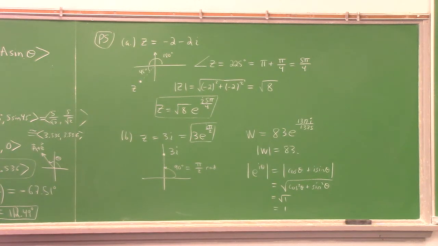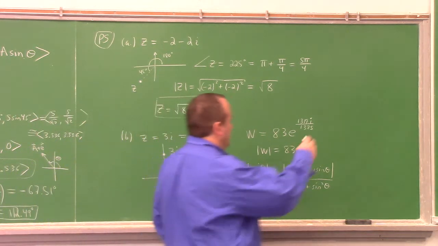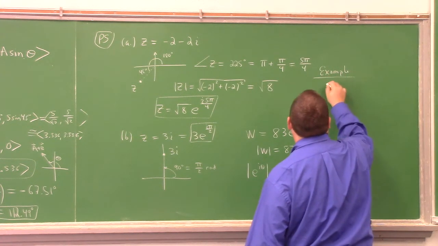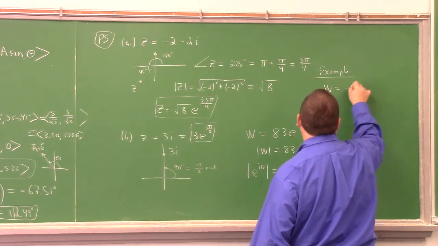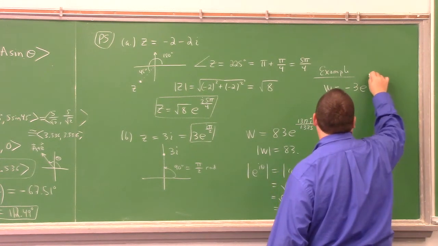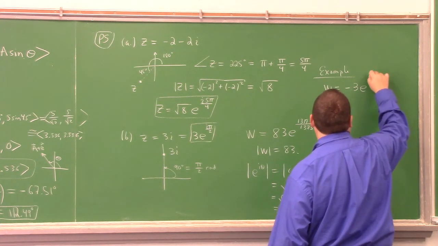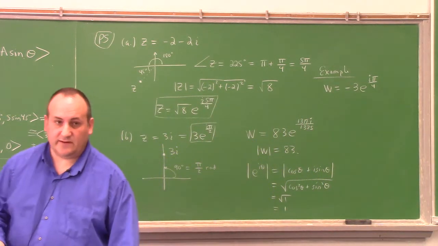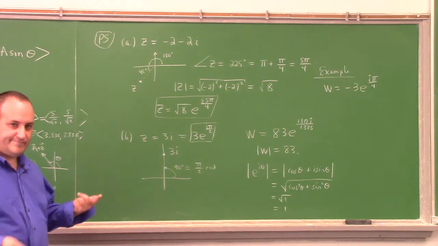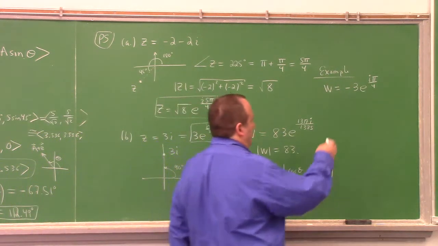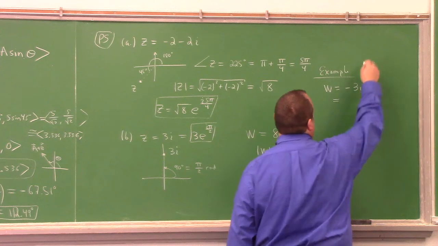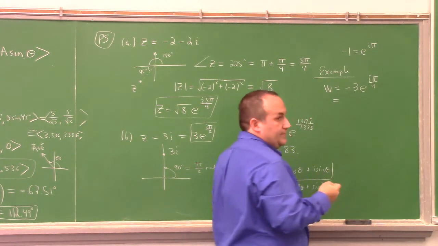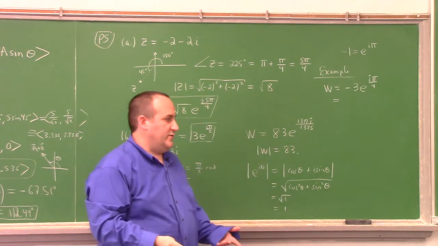All right, like if I wanted to, as an example, if I was given, say, W equals -3 e to the I pi over 4, and I was asked to put that in polar form, that is actually something to do. See, I have to take that -1 and somehow get rid of it. So the way I would do that is, well, -1 is e to the I pi. So these are some shortcuts which are worth knowing.